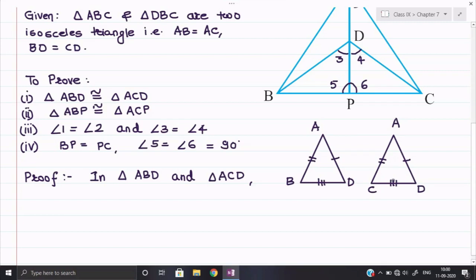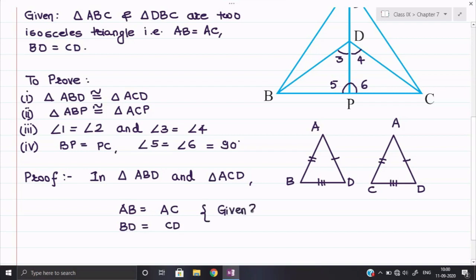So BD and CD are also equal, and these two triangles are becoming congruent by very simple theorem, that is side congruency theorem. So here we can say that AB is equal to AC. Second thing, BD is equal to CD. This is with the help of given.